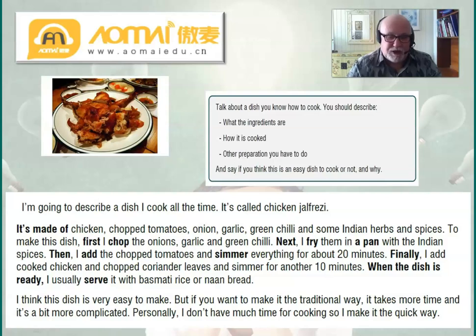Finally, I add cooked chicken and chopped coriander leaves and simmer for another 10 minutes. How's it cooked? Yes. Then he's thinking of the preparation. When the dish is ready, I usually serve it with basmati rice or naan bread. Yes, tick. Do you think it's an easy dish to cook?